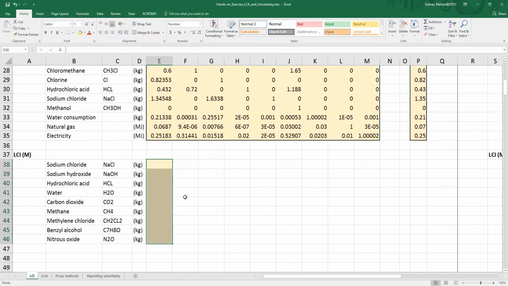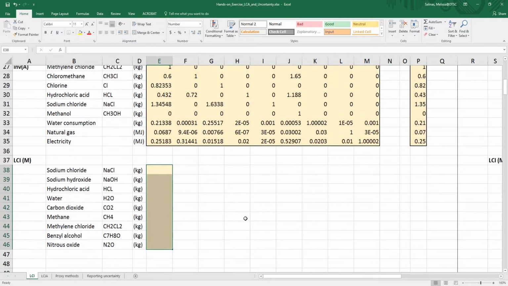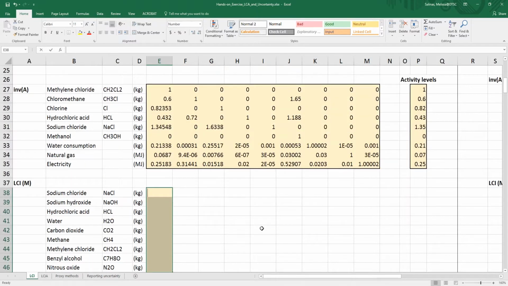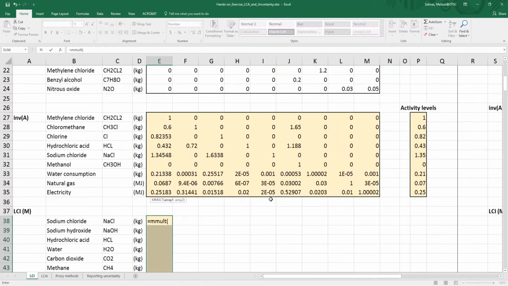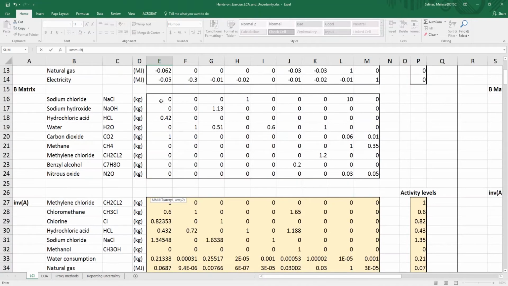We can do this very easily. First, select this entire set of cells. These are the elementary flows that we have in our data. Again, the same thing: equal sign, and MMULT is our magic spell. Two matrices are being multiplied.